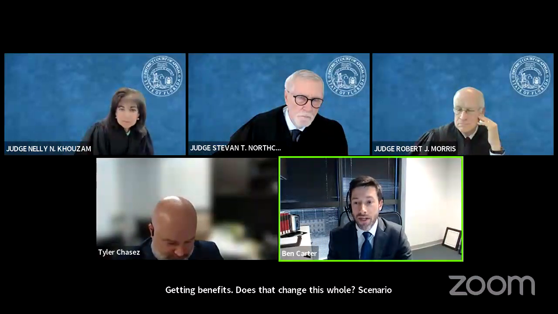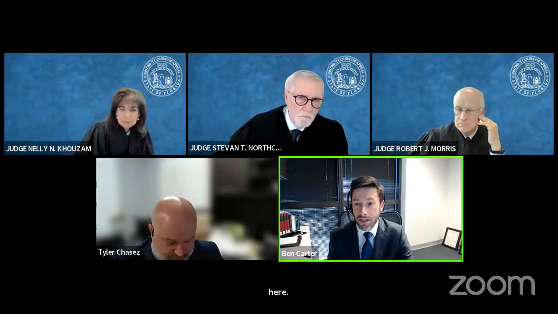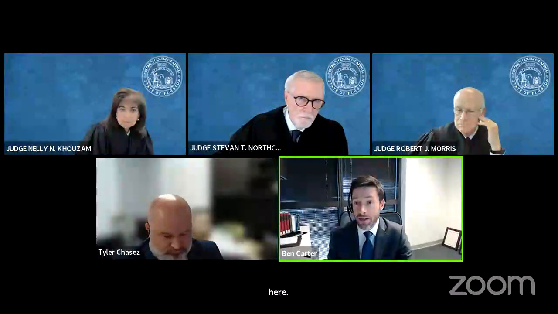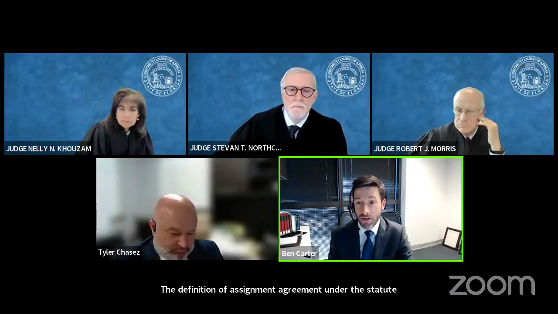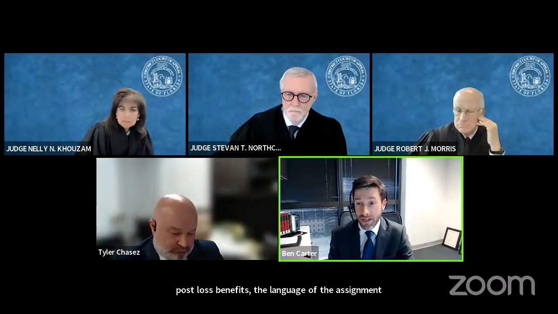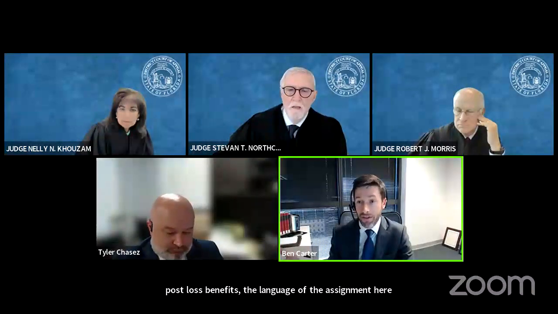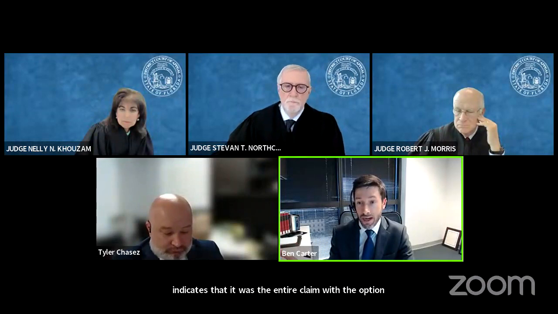I don't think it does, because the statute doesn't deal with who made the claim, or when the claim was made, or when the assignment itself is made. The definition of assignment agreement under the statute deals with what was assigned, which is a claim for post-loss benefits. The language of the assignment here indicates that it was the entire claim, with the exception of living expenses and contents, that the insured assigned.